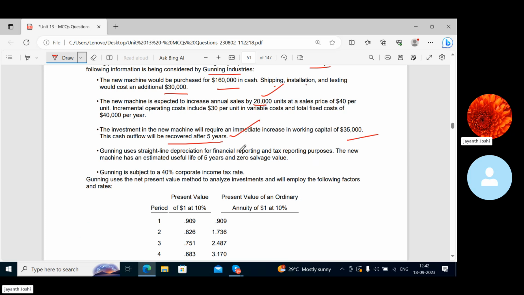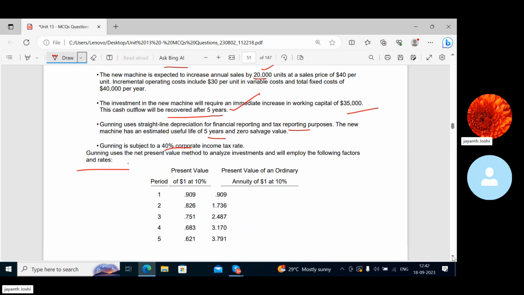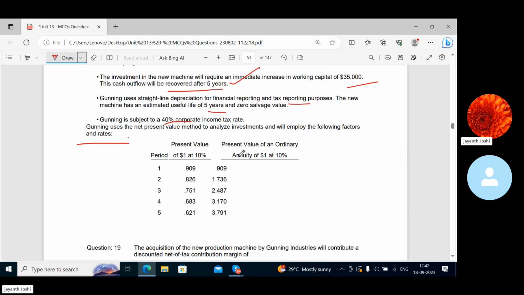Gunning uses straight line depreciation for tax reporting. The new machine's useful life is given. Gunning is subject to a 40% corporate income tax rate. Gunning uses the NPV method and will employ the following factors and rates. Present values, present value of ordinary annuity, everything is given.